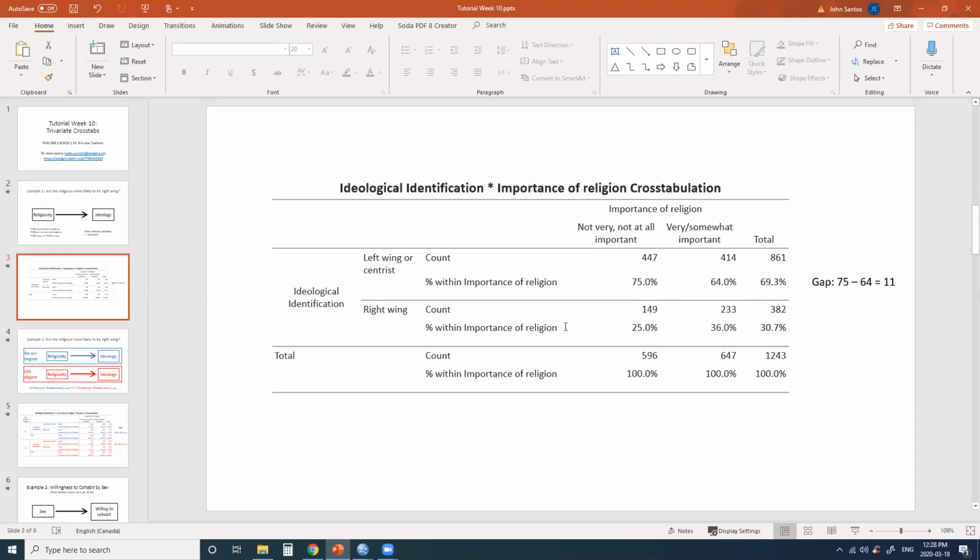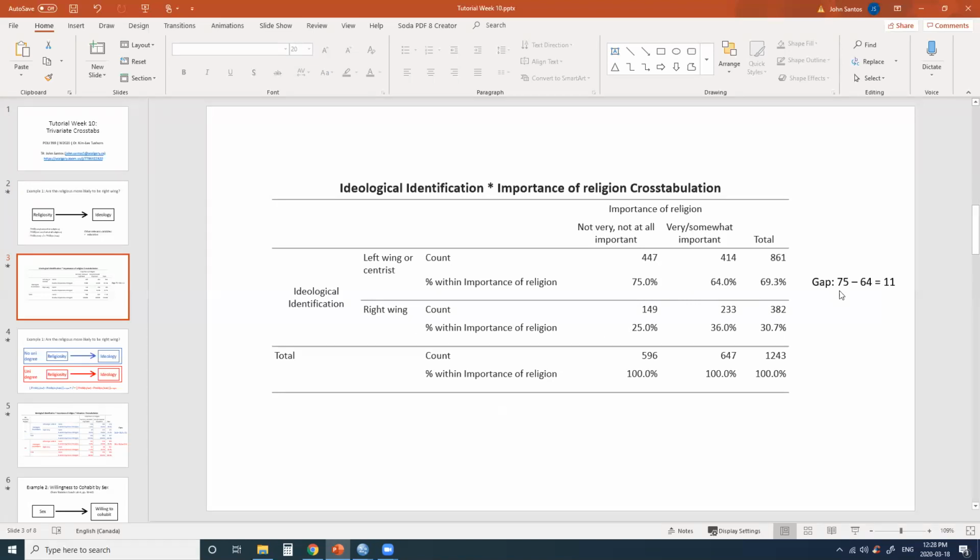This is a 2 by 2, and so the gap is the same amongst the other category of the dependent variable, right? So we see that amongst those who say that religion is very or somewhat important, 36% of them say they are right-wing, and amongst those who say religion is not very or not at all important to them, 25% of them identify as being right-wing, right?